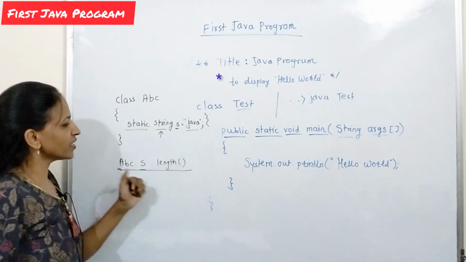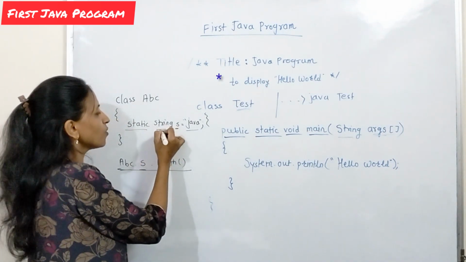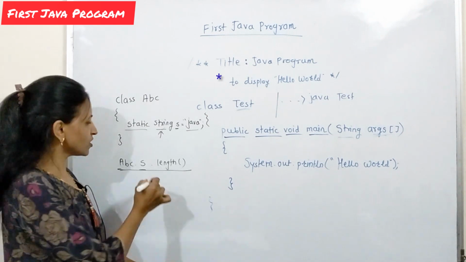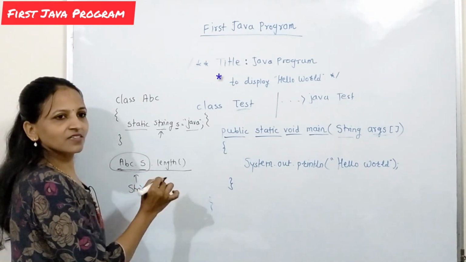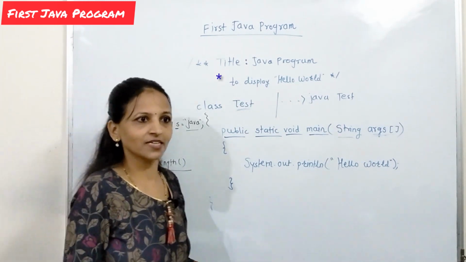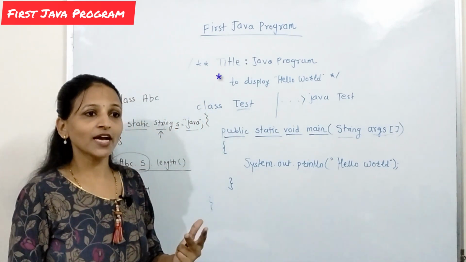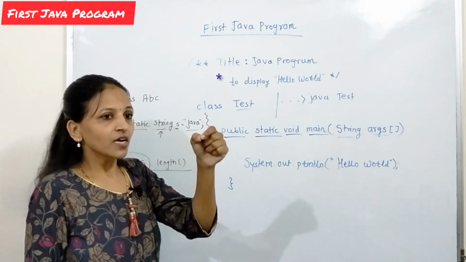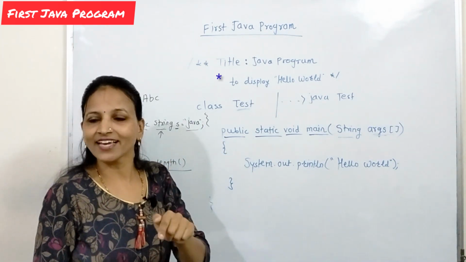Now I want to find out the length. This length is a function of the string class. Then I can easily use it, because abc.s is nothing but this s, and this is of type string. The string class has inbuilt functionality: you can find the number of characters in that string using the length method.